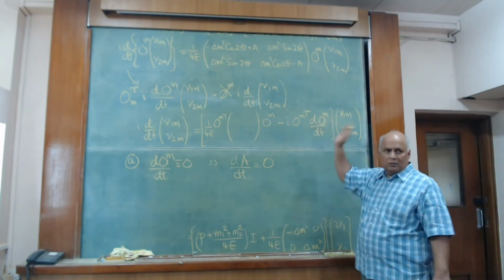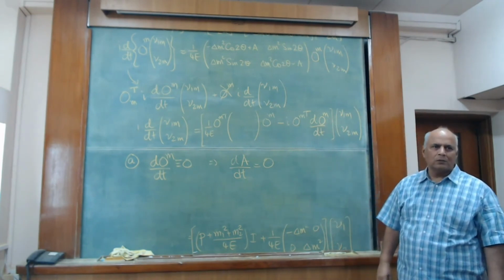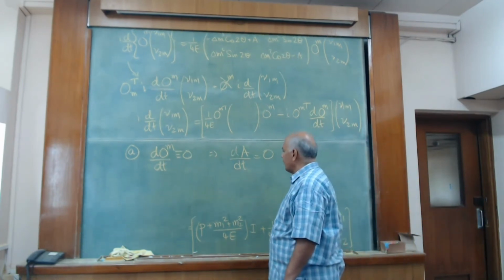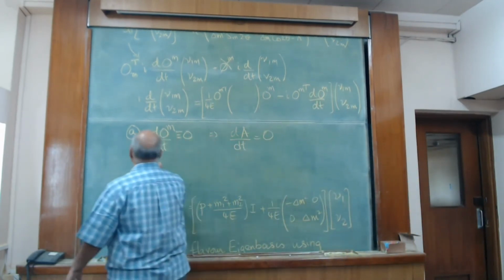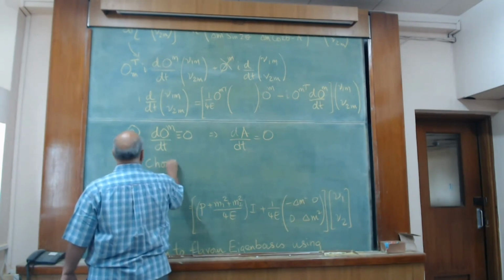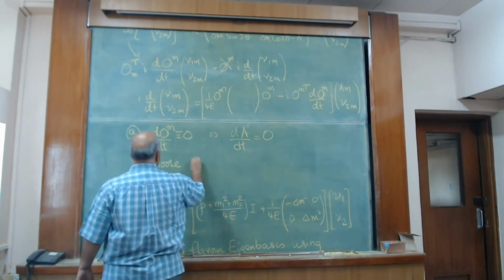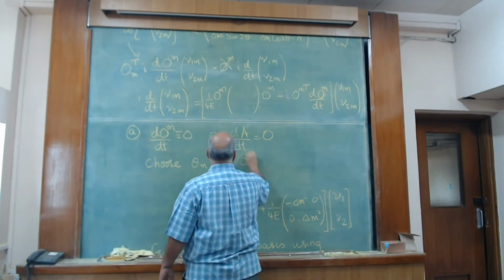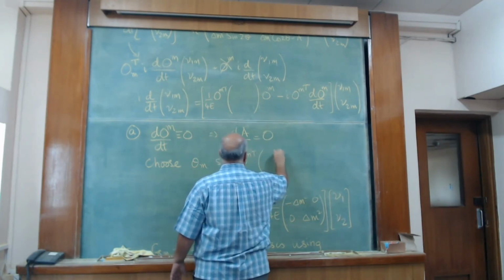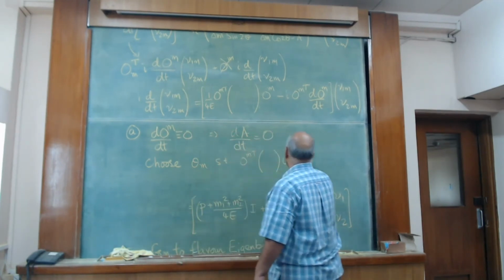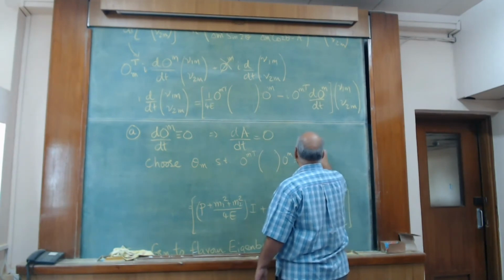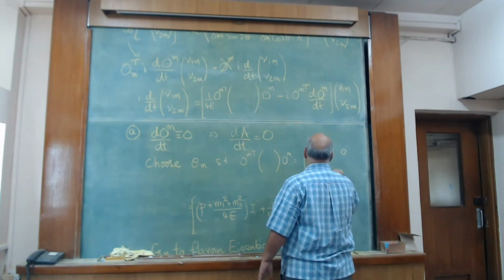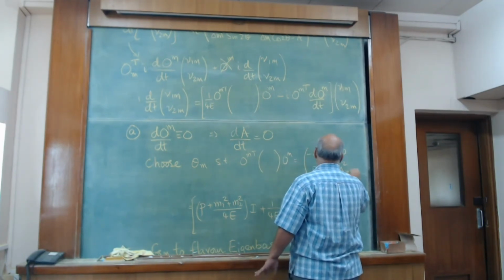So this term does not bother us, and we choose theta m such that O_M transpose times the matrix times O_M is (−Δm²_m, 0; 0, Δm²_m).